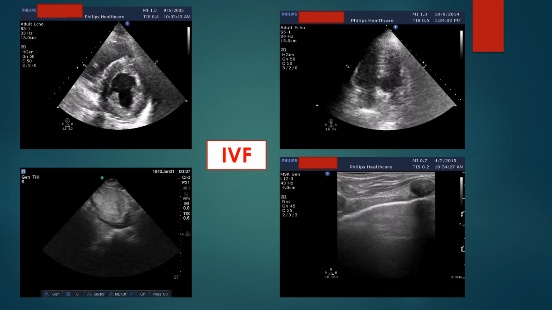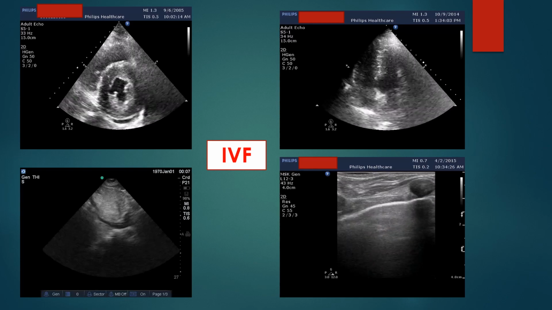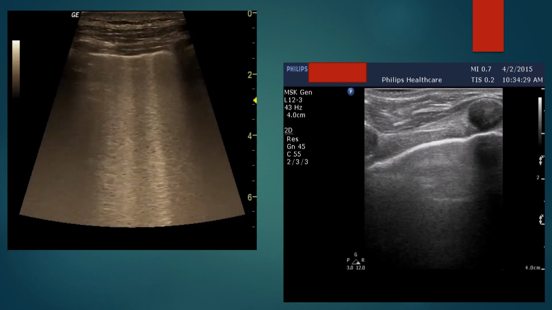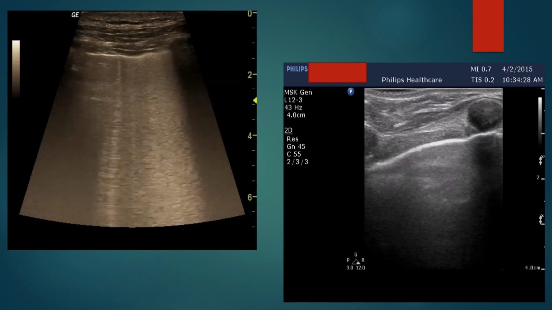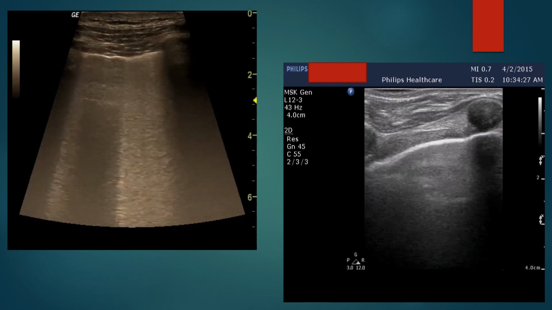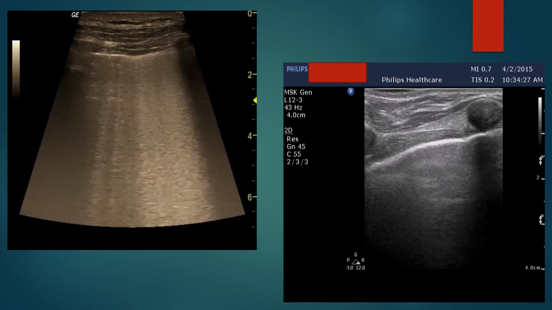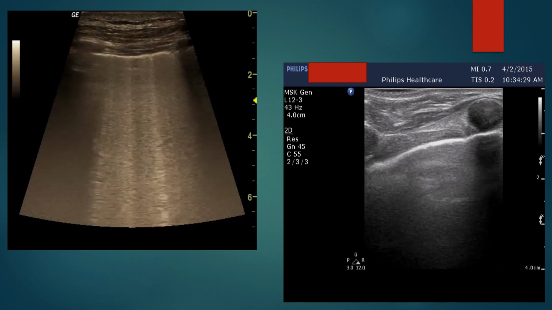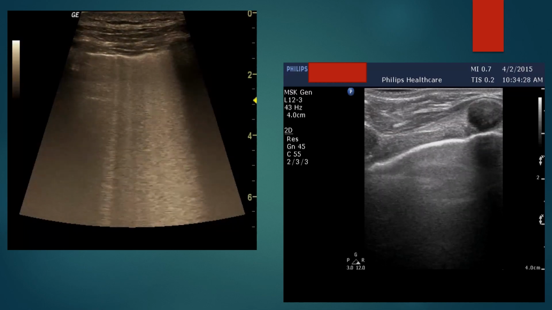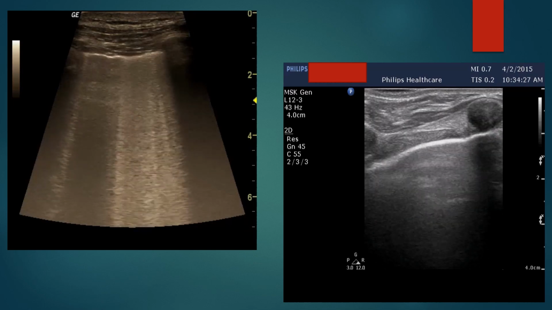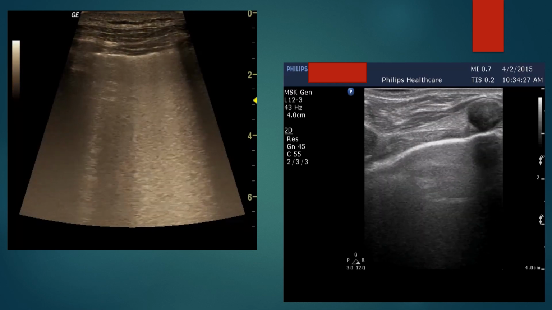As I mentioned, you should not forget that the lung has to be dry before you decide to give IV fluid. Again, this is a dry lung, this is a wet lung here on the right side. There you see the pleura and vertical lines attached to the pleura, a plenty number of vertical lines, we call them B lines, and this indicates a wet interstitium, that the interstitium is containing fluid or extravascular lung water is high here, and giving more fluid is going to make this lung more wet.